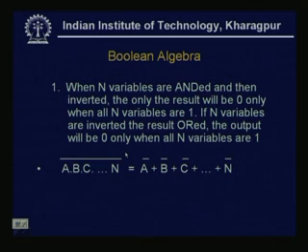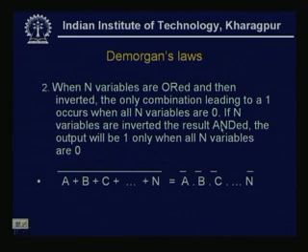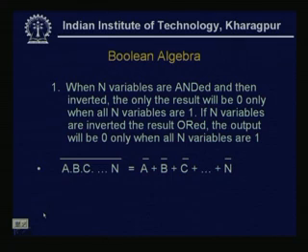The first one: when n variables are ANDed and then inverted, the result will be 0 when all n variables are 1. If n variables are ANDed and inverted, the output will be 0 only when all n variables are 1.